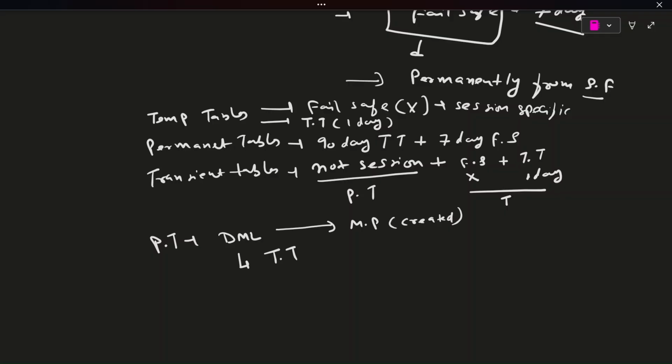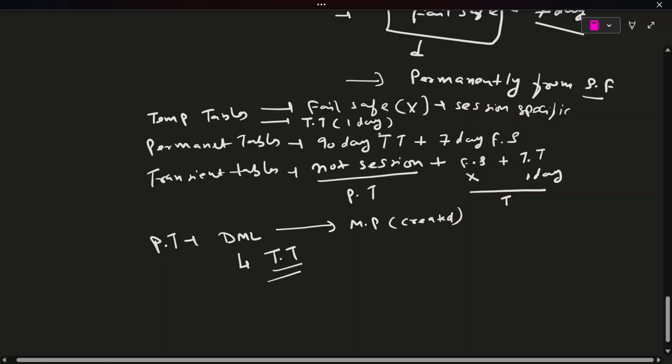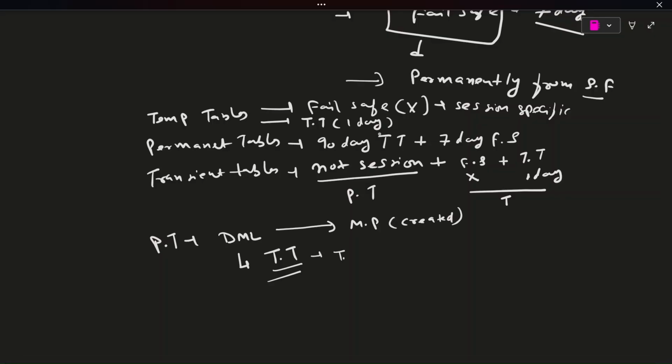If your data is not that important and you don't need a CDP as such, then best is to go to transient tables, because here you will not be charged for time travel plus your fail safe.